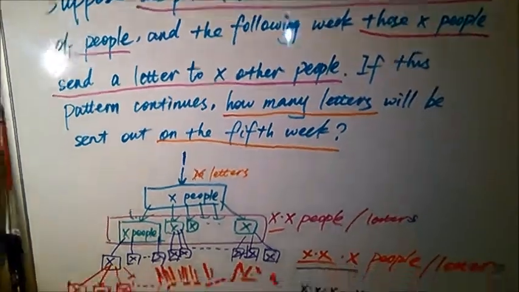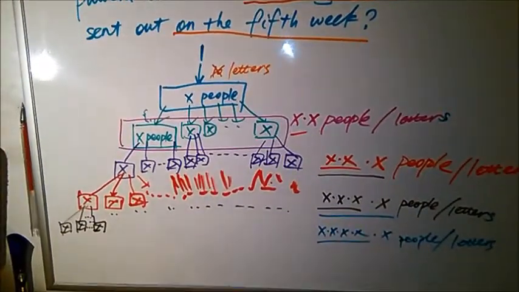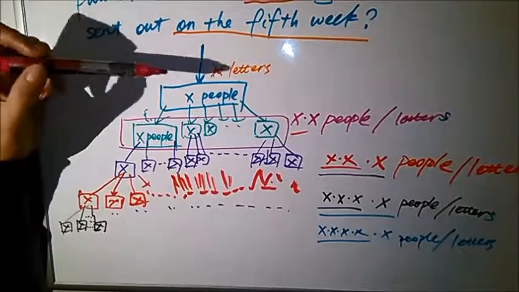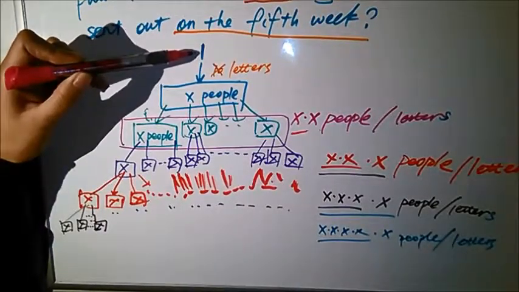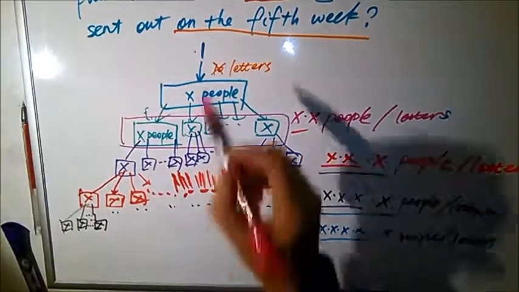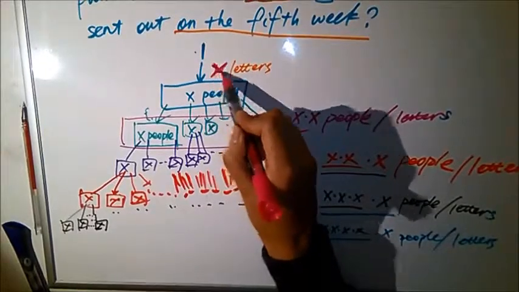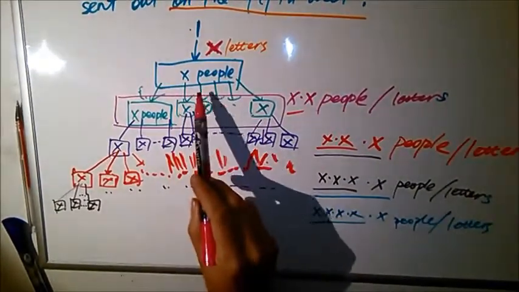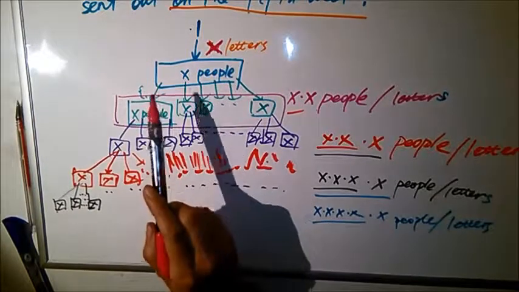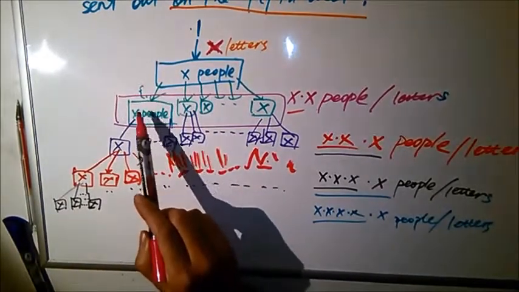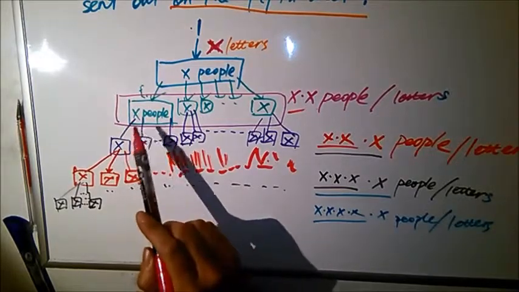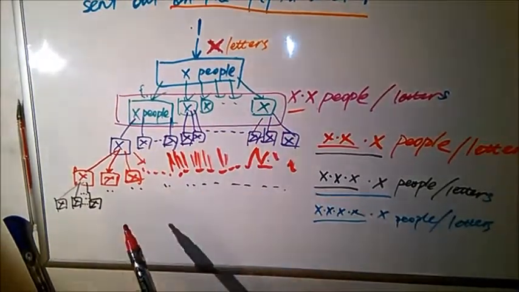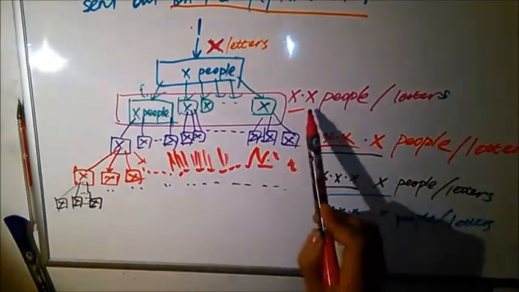So here's what's going on. The first week, we have one person. He sends out X letters to X people. And then the following week, those X people send out X letters to X people. So then we have X times X people.